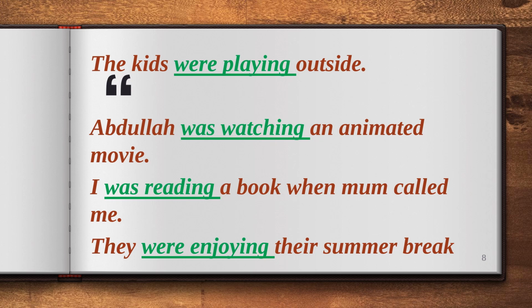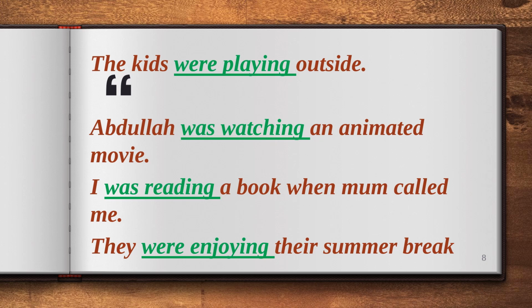Now you can see here in this sentence I have highlighted or underlined the helping verb and the first form of the verb with ing. The kids is the subject. Were playing is the helping verb and first form of verb with ing, and outside is the place where they were playing. Abdullah was watching an animated movie.